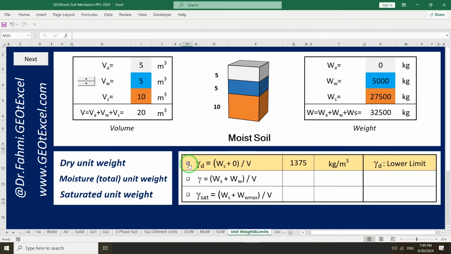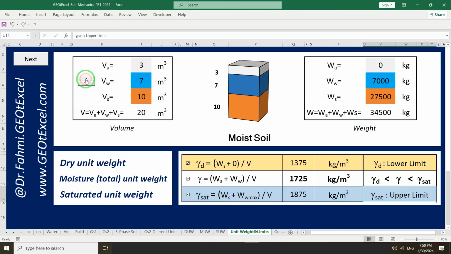Gamma D for this example is equal to, this is a lower limit, and gamma saturation. Gamma saturation is upper limit.